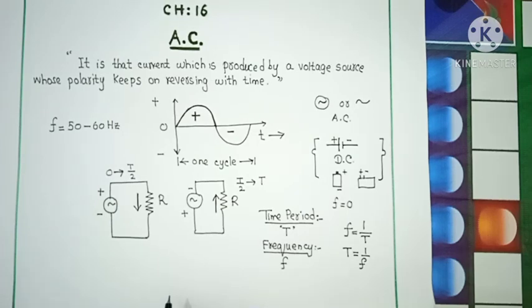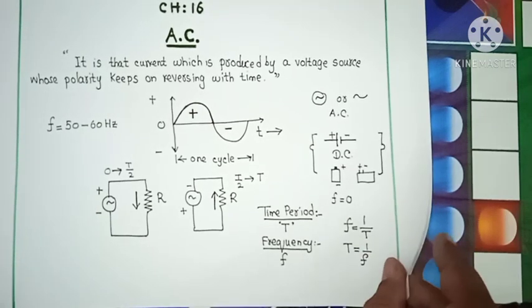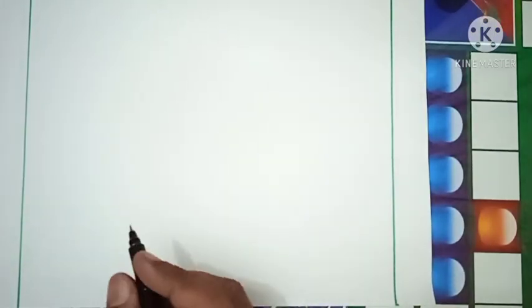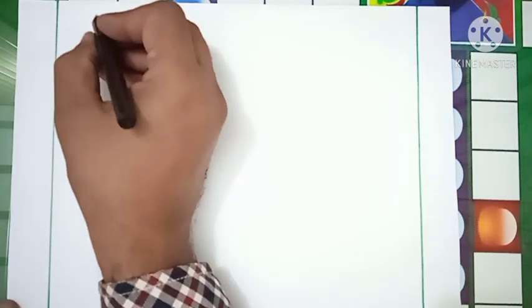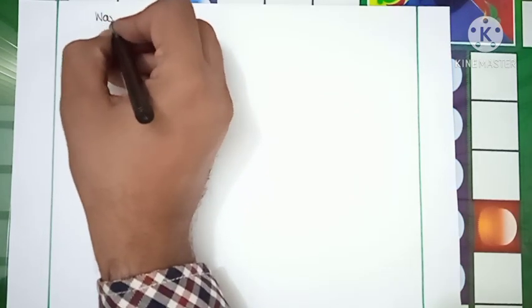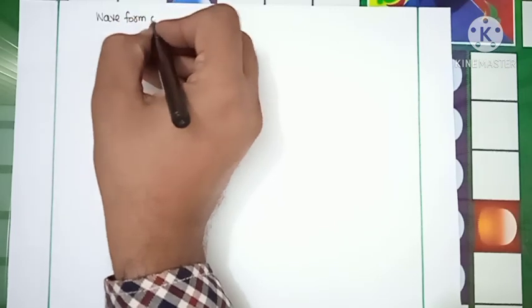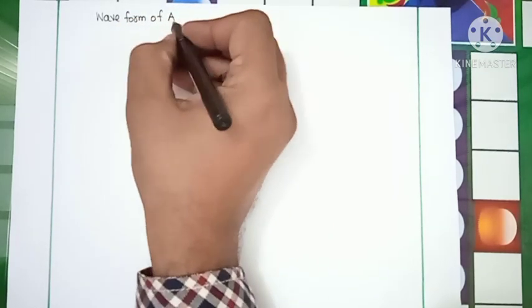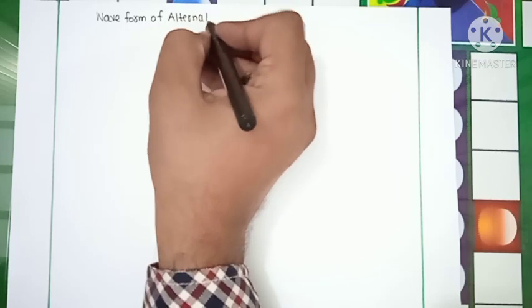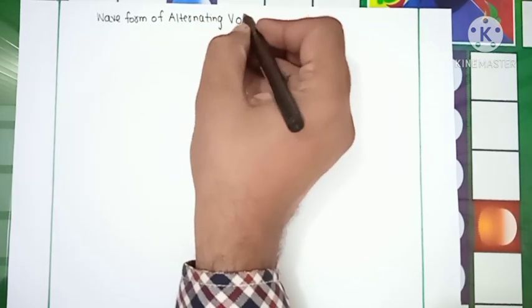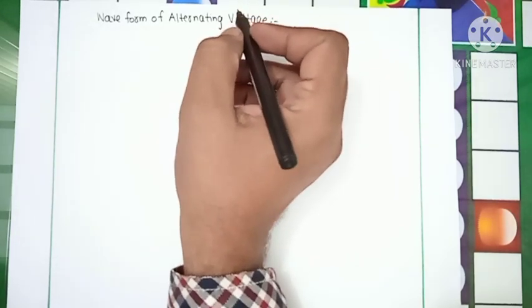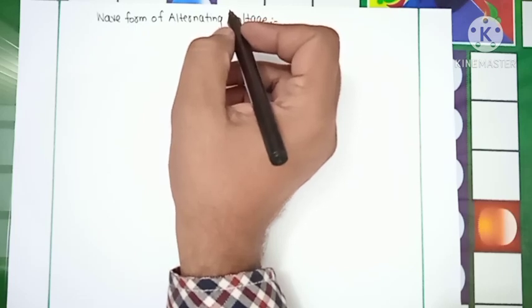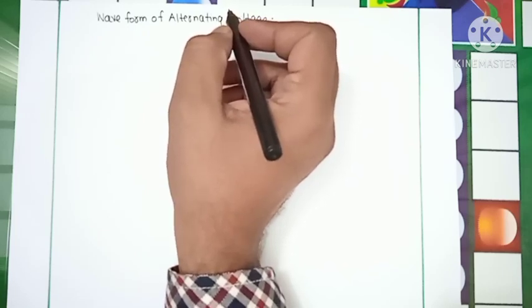Now we will study the waveform of alternating voltage. The most common source of alternating voltage is an AC generator. AC can be produced by an AC generator.